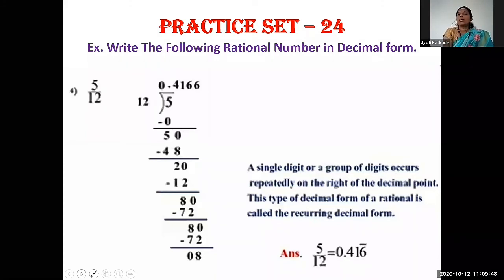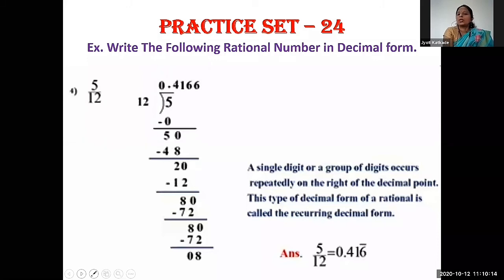Okay. See the next example from the practice set. Write the following rational number in decimal form. Now the example is 5 divided by 12. Divide 5 by 12. We can't divide 5 because 5 is smaller than 12. So take 0. 12 into 0, we get 0.